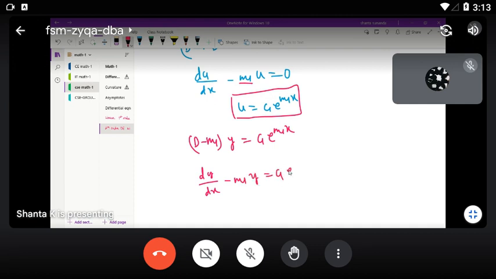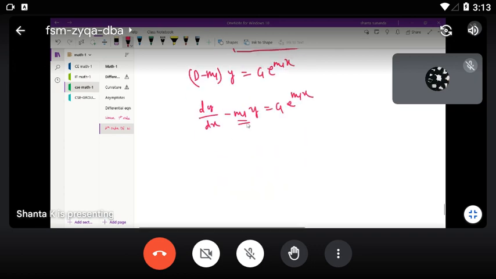Again we have a first order differential equation, with integrating factor e power minus px. So here the solution of y will be (c1x plus c2) e power m1x. Got it? This is how the second case works.